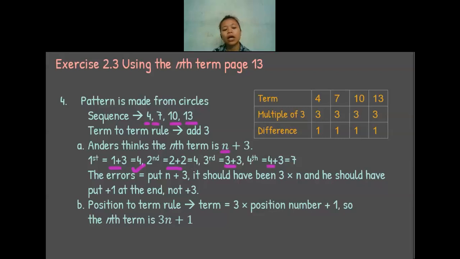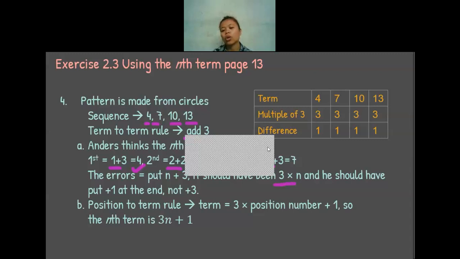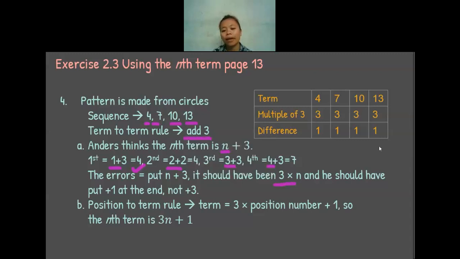So it means the n-th term Anders made is not correct. Why is it wrong? Because he put n plus 3. We know that the term-to-term rule is 3, so the position number we multiply by 3. So the letter n we multiply by 3 also. We do not add 3.